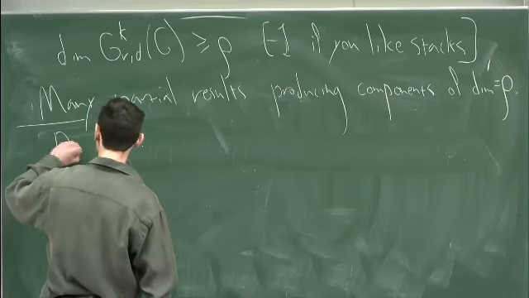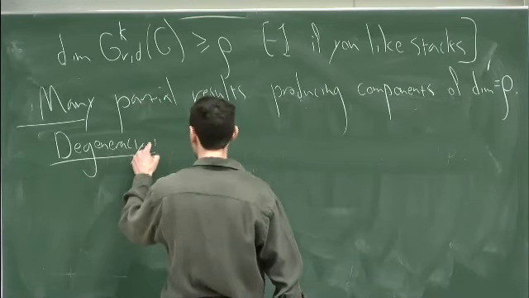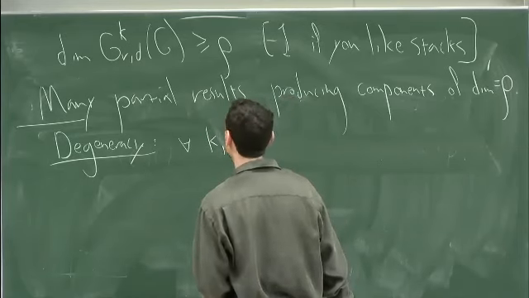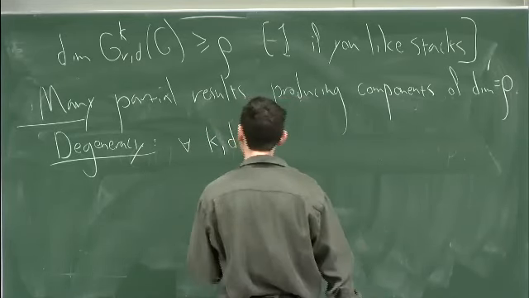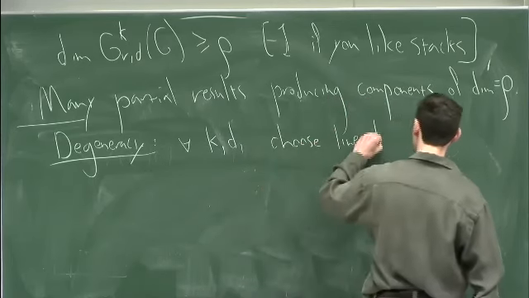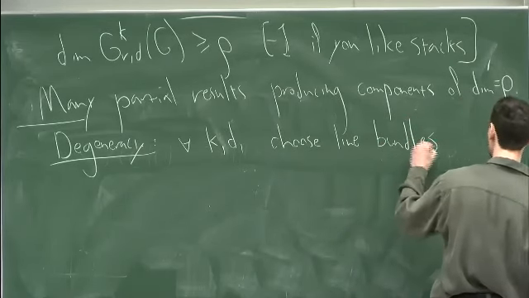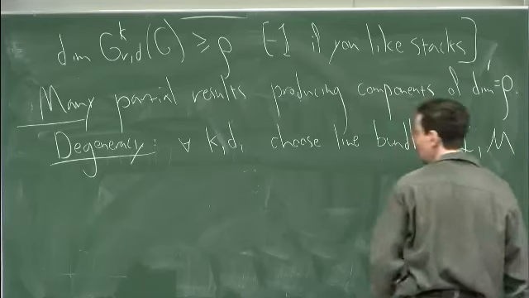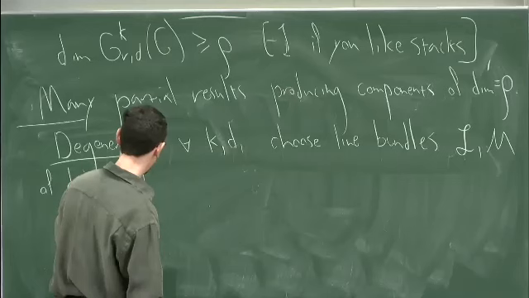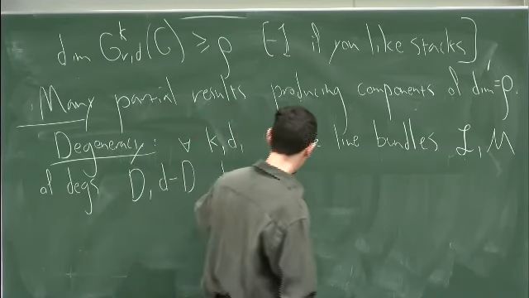Degeneracy says, well, for any K, D, and we'll just work in the rank 2 case for the moment, we can choose a pair of line bundles, L and M, of degrees D and little d minus D, for some very large d.